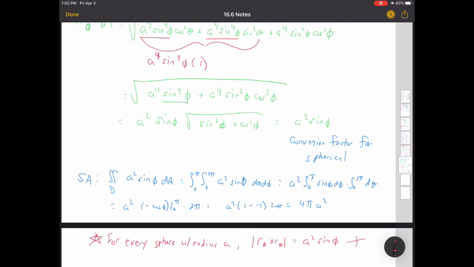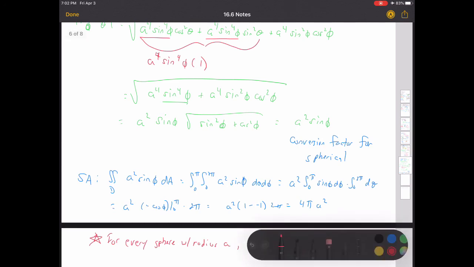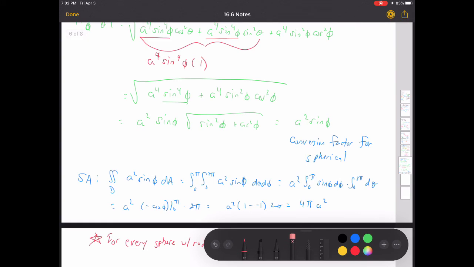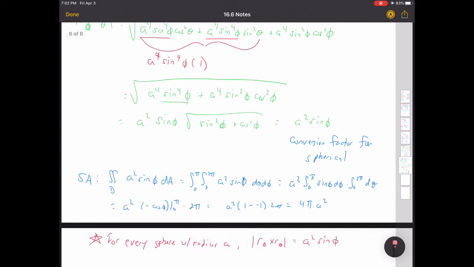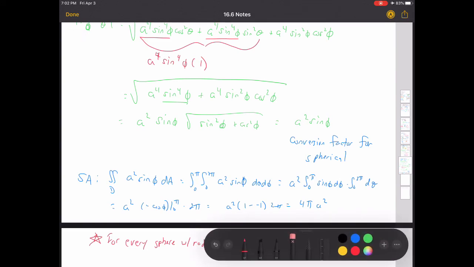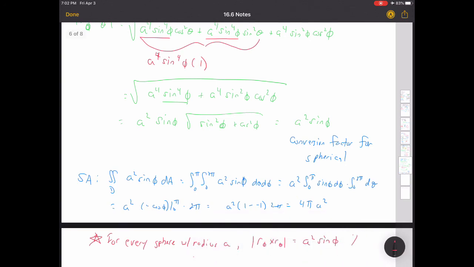All right, that's just a good thing to note. I really don't like that star. Let's do a better star. There. For every sphere with radius of a, the cross product is going to be a squared sine phi. It will be the conversion factor.